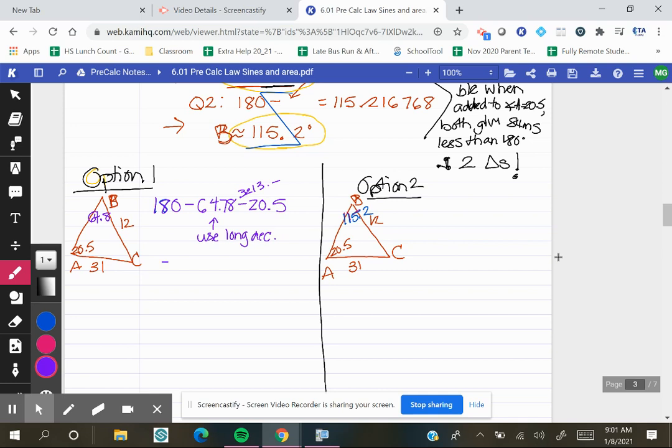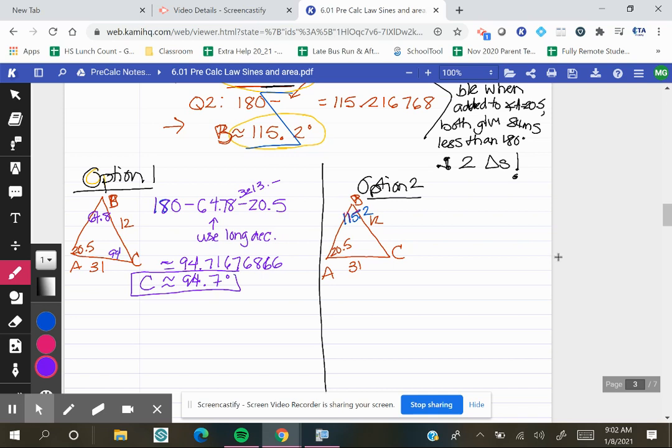All right, and so that gave me approximately 94.71676866. And again, we can round now to the nearest tenth, so 94.7 degrees. So that would be our angle C.